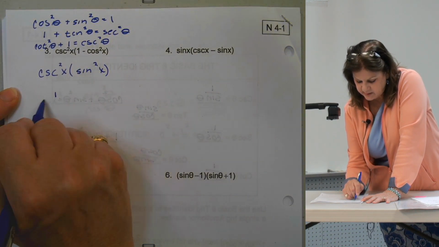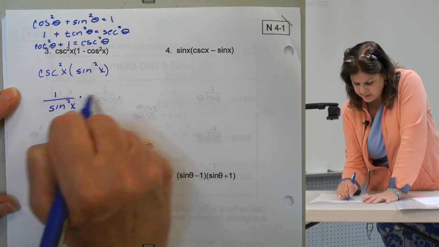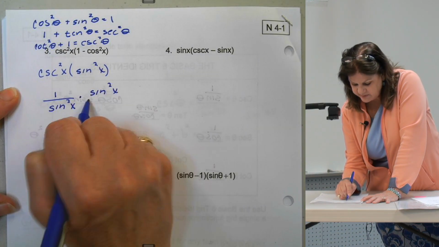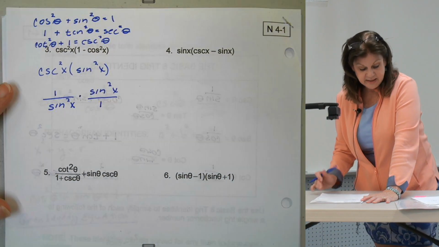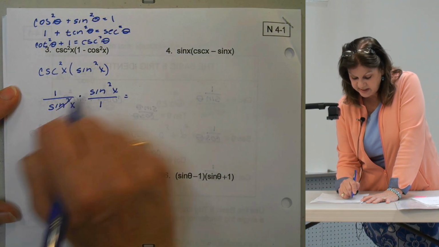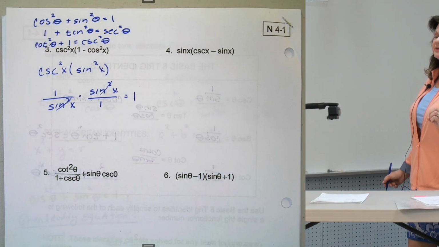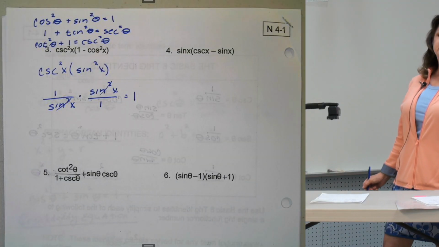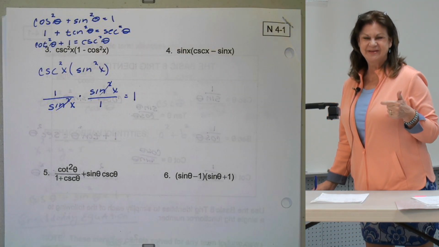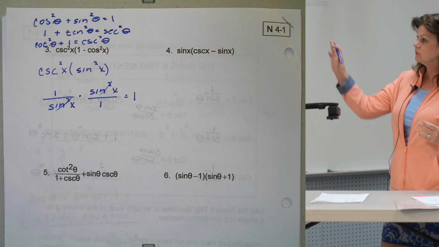Well, isn't that 1 over sine? And since that's a fraction, I'm going to make sine squared a fraction. And now those cancel out. And cosecant squared theta times 1 minus cosine squared theta is simply 1. And the number 1 is much easier to work with than all of that.